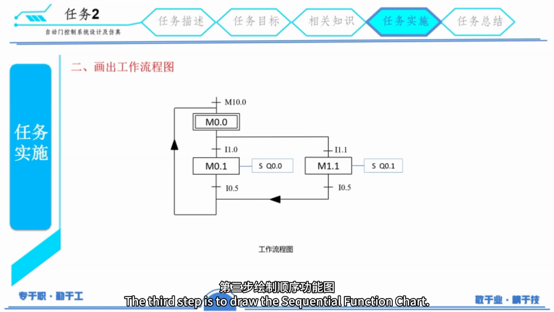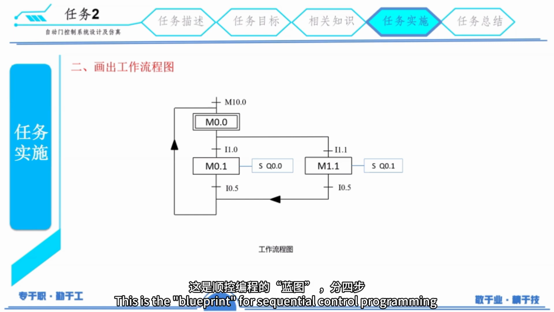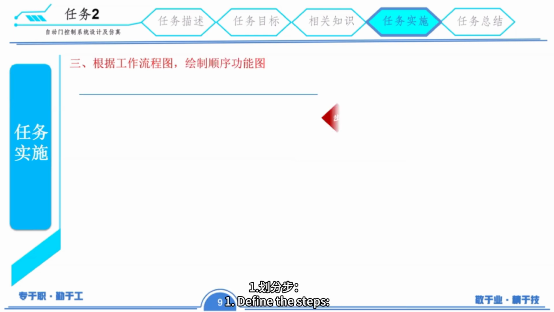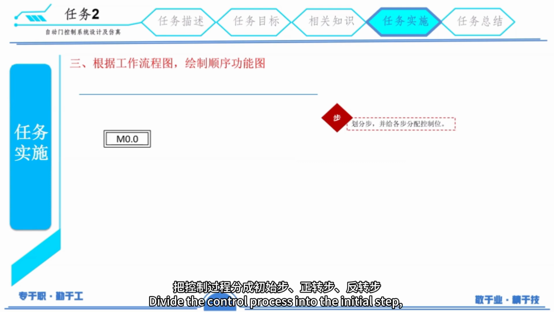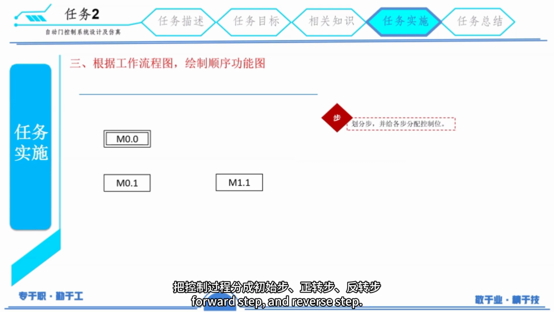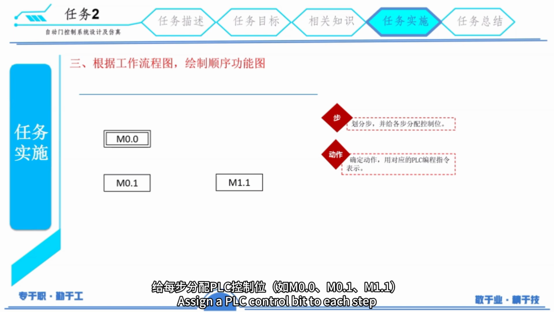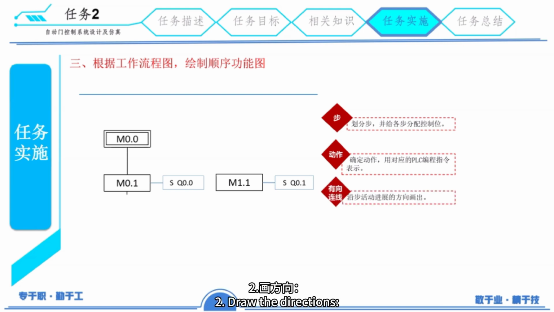The third step is to draw the sequential function chart. This is the blueprint for sequential control programming and consists of 4 steps. First, define the steps. Divide the control process into the initial step, forward step, and reverse step. Assign a PLC control bit to each step, such as M0.0, M0.1, M1.1. Second, draw the directions.